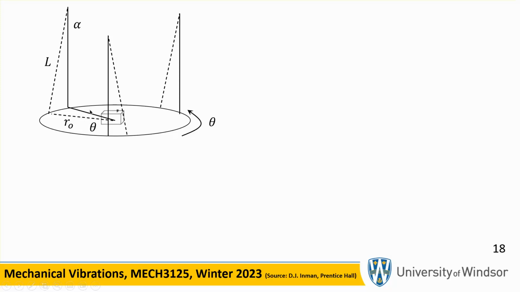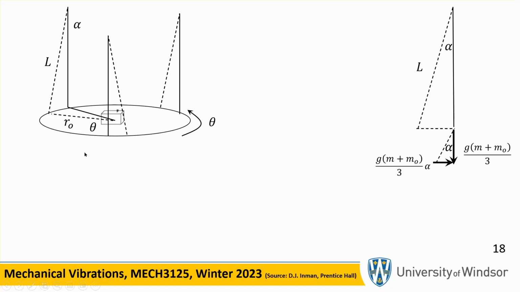This angle alpha and that theta are not the same, but they're related, because if you take alpha and multiply it by L, you get this arc, and if you take theta and multiply by R naught, you get this arc. So L times alpha gives you that length, and theta times R naught gives you the same length. So there is the equation.